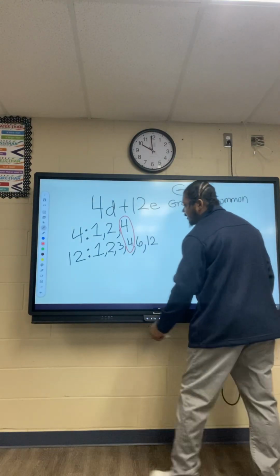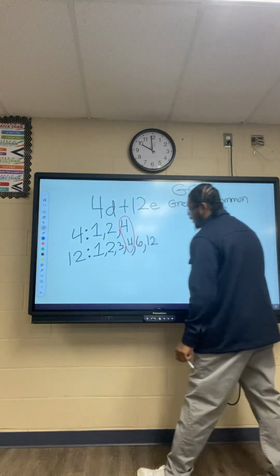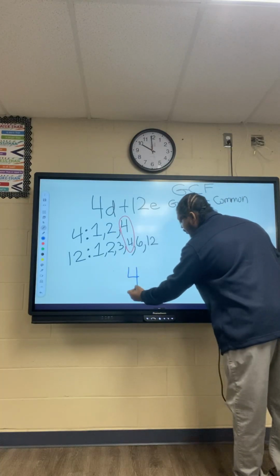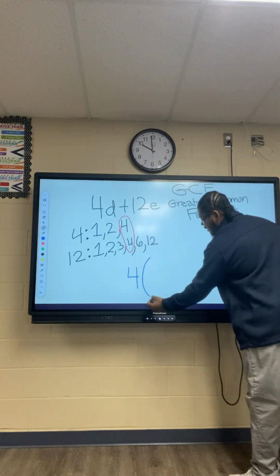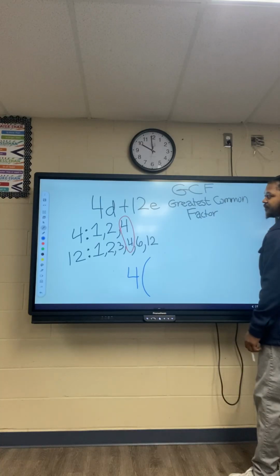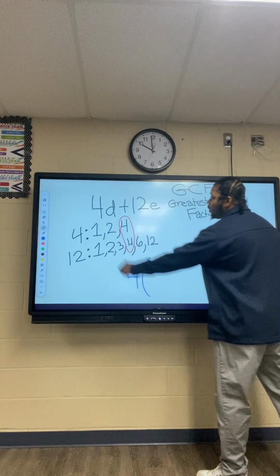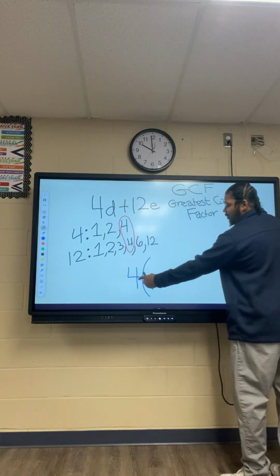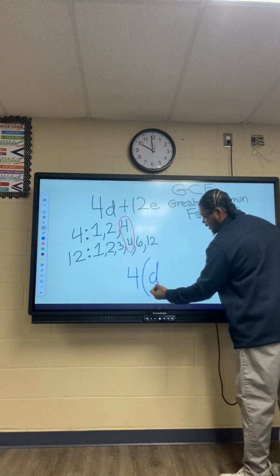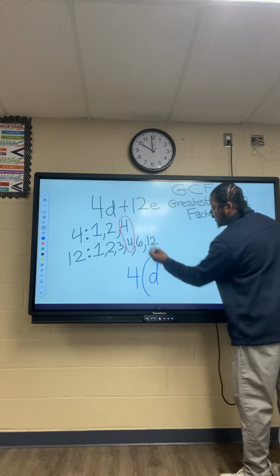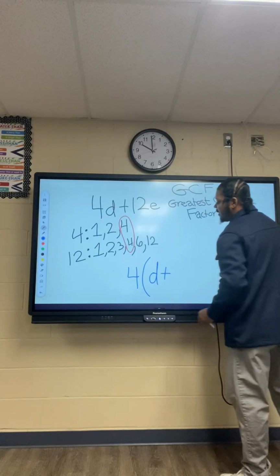So it looks like this. I'm gonna write it in blue, okay? We're gonna pull the 4 out, open our parentheses, okay? So if we want 4D, well, we already got our 4, so we can just put our D here, okay? And then we need to keep our sign, the plus sign, okay?